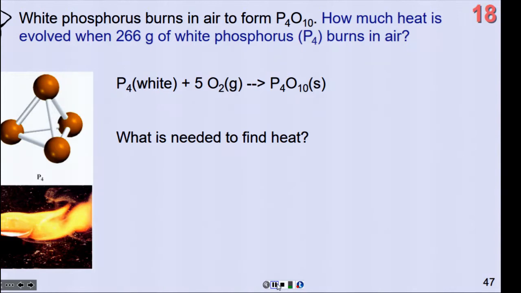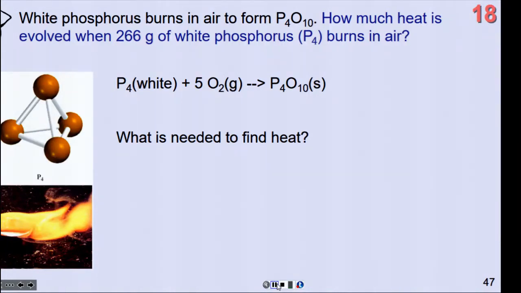The reaction process is shown here, and it's clearly a balanced reaction. The phases are not shown for the P4, but that's a solid, and that's not important to our discussion at the moment. The burning in air creates a different solid, the P4O10.